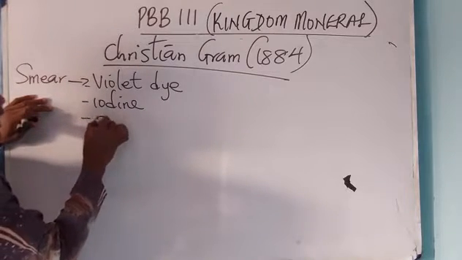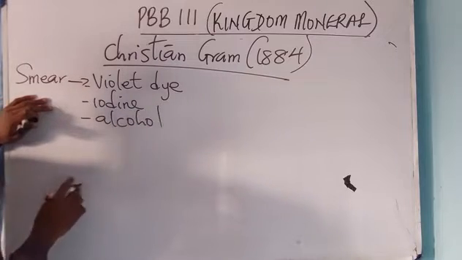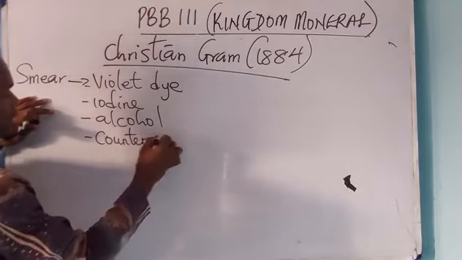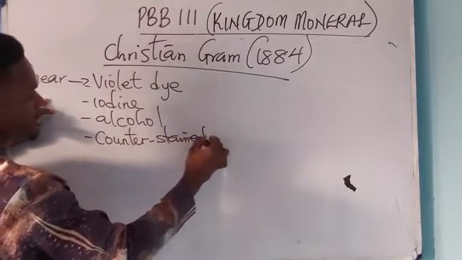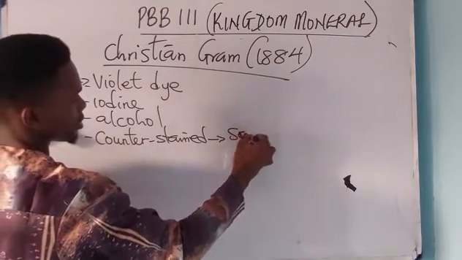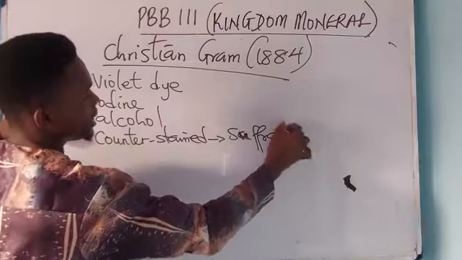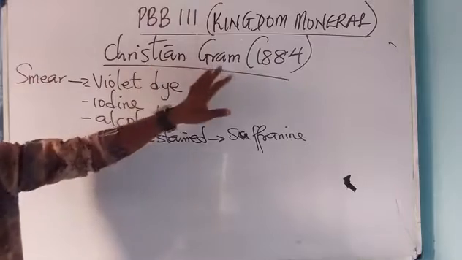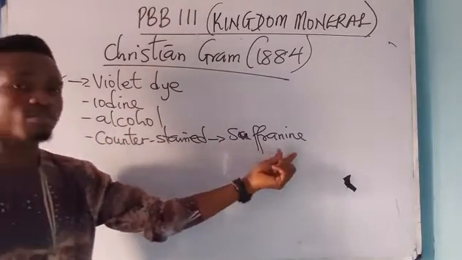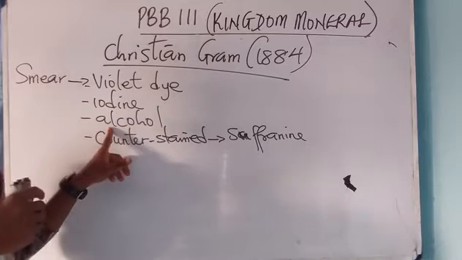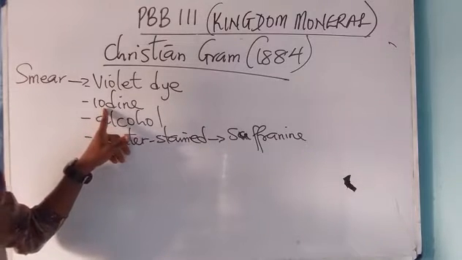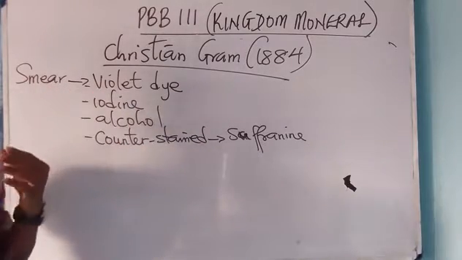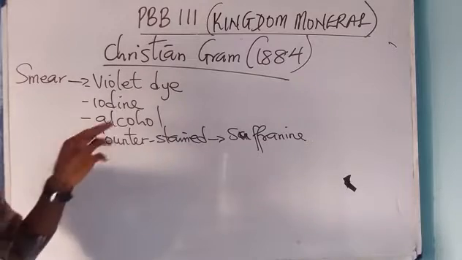He washed it with alcohol, and he counterstained it with safranin. Which means that the stain used by Christian Gram was safranin. The washing agent was alcohol, while the substance he used in treating the smear was iodine. Then the one he used to soak it was violet dye.